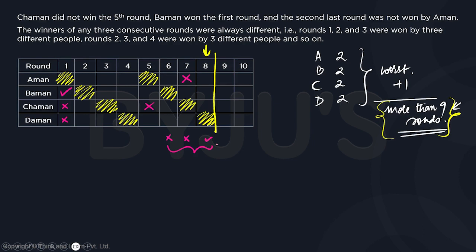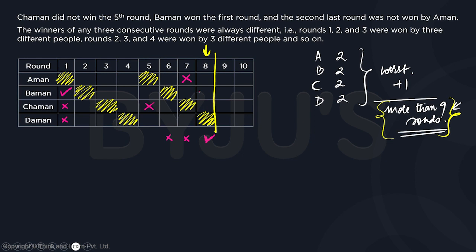For every 3 consecutive rounds, we have 3 different winners. So we can't have 6 and 7 as the same guy who is going to be the winner of the entire game. We will have different winners of each of the rounds 6 and 7, but it's not going to be the overall winner. So I'm saying whoever is the overall winner will definitely win the last round.